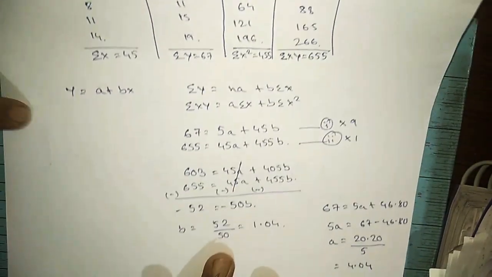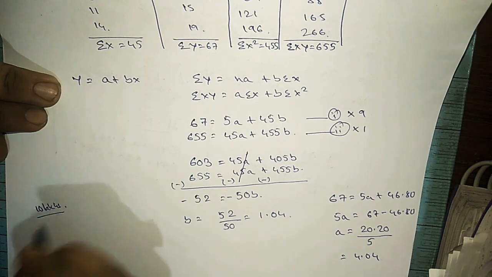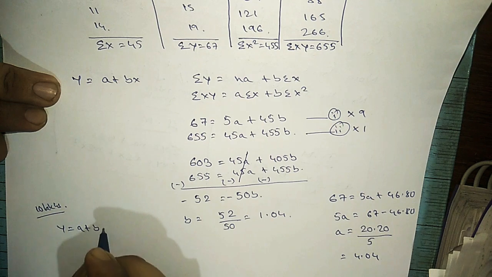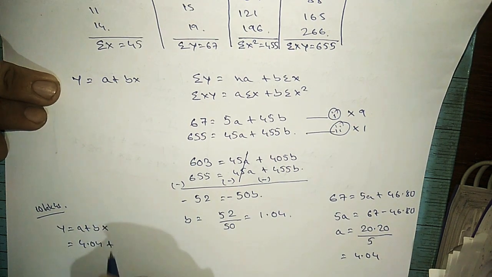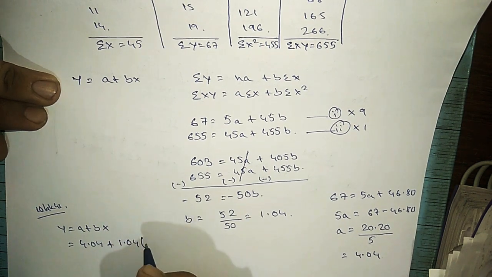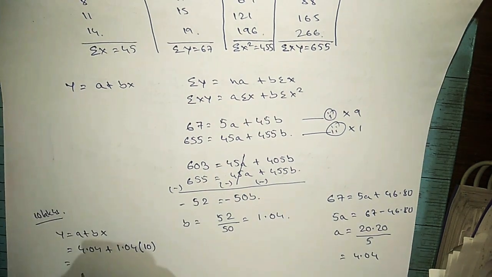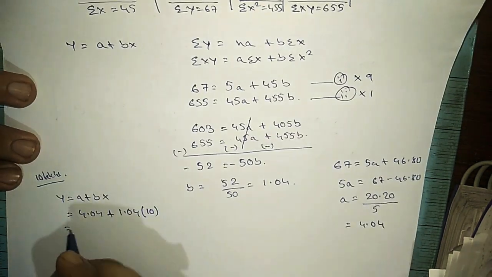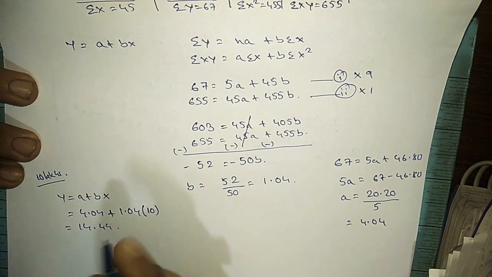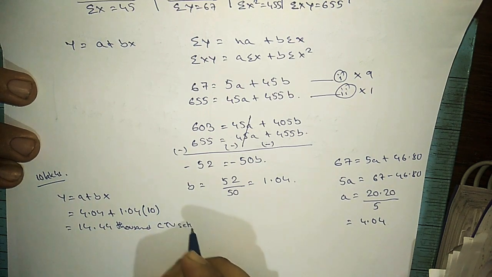So in case of 10 lakhs, y equals a plus bx, which is a equals 4.04 plus b equals 1.04 into x, which is 10. So in this case we get 14.44 thousand CTV sets.